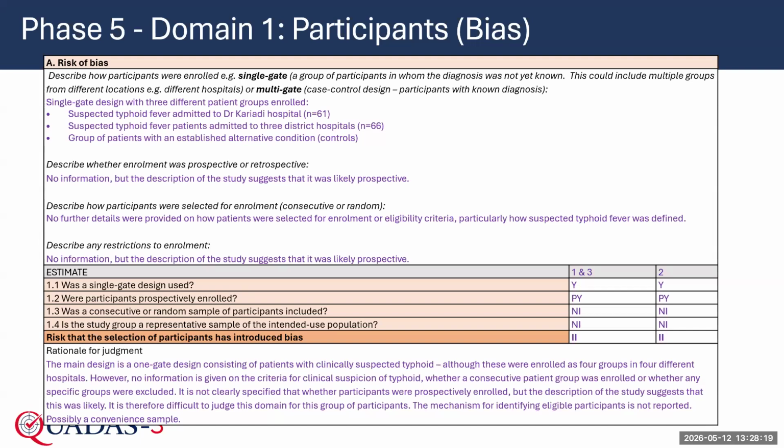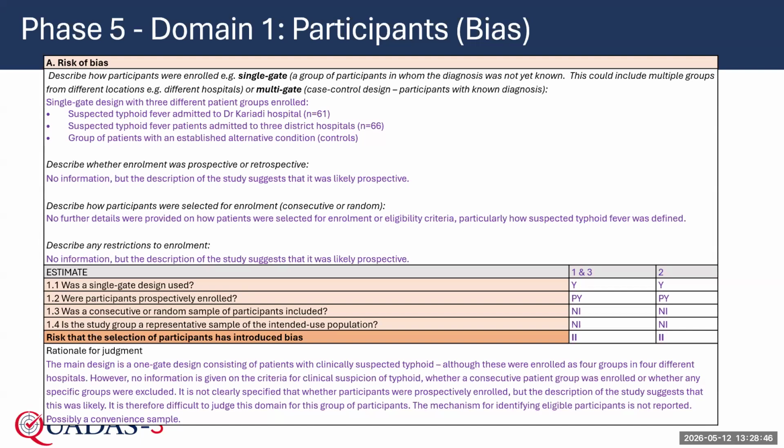that as no information. And then you can see this bit at the bottom is really helpful, the rationale for judgment. So we've got the main design as a one-gate design, consisting of patients with clinically suspected typhoid, although these were enrolled in 4 groups at 4 different hospitals. We haven't got any information on the criteria for clinical suspicion of typhoid, whether a consecutive group was involved or whether any specific groups were excluded.